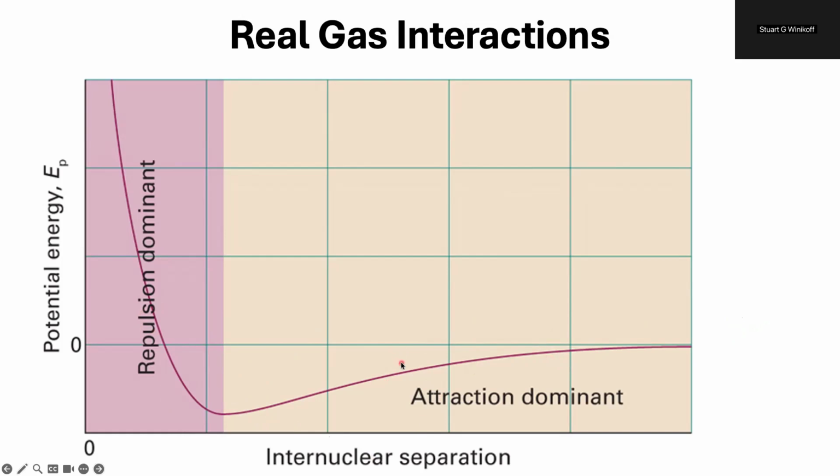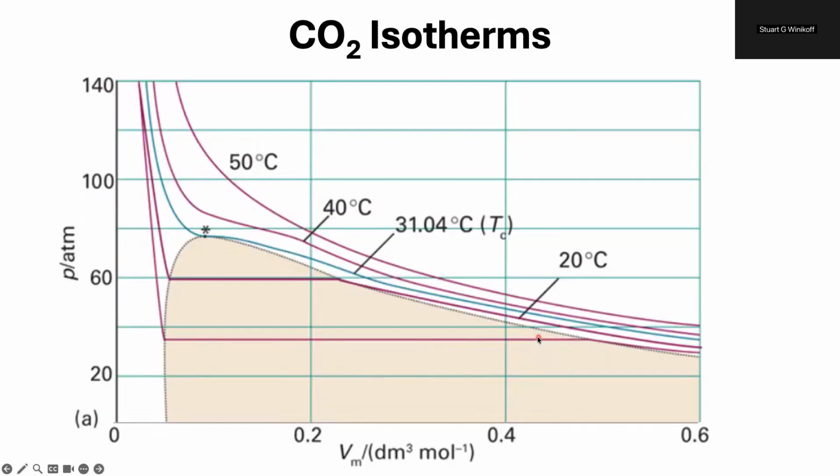So that's the play of these three roles. Gases with strong intermolecular forces will be more likely to attract neighbors. But if the pressure is too great or the temperature is too great, well, it's not going to count for a lot. So let's go ahead and try and see how some of these things play out.